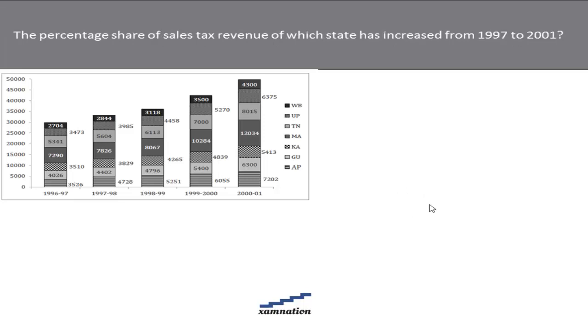Okay. So the percentage share of sales tax revenue of which state has increased from 97 to 2001? From 97 data to 2001, which state has increased its percentage sales tax revenue? So we need to find out for the different states. For example, for West Bengal, what is the percentage change?